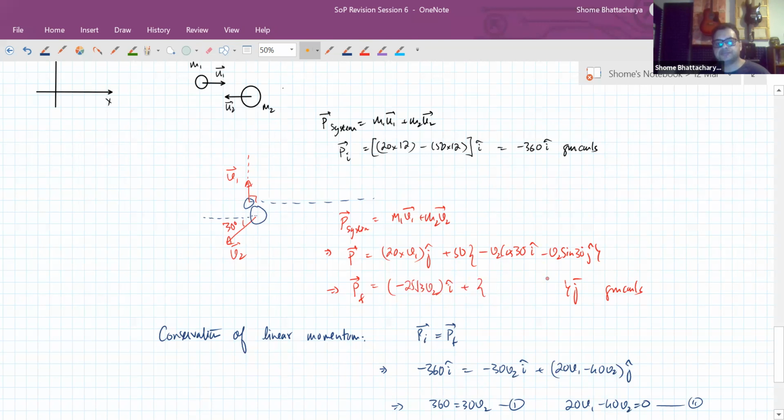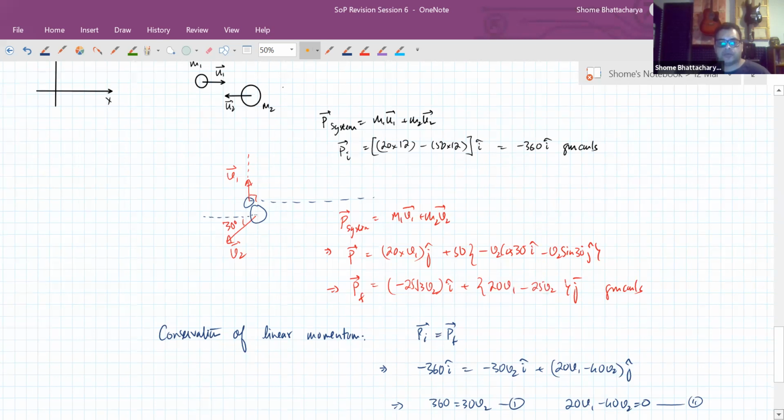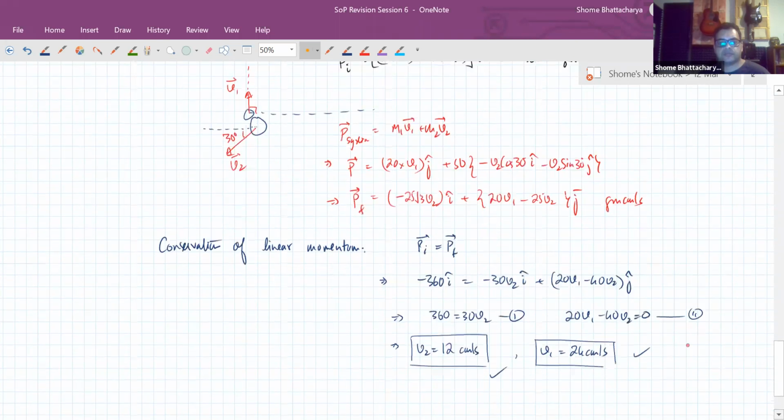And sine 30, remember, is half, so it becomes 20 v1 minus 25 v2. Okay, so this is what we'll get here. Now let's check out the values that we get.